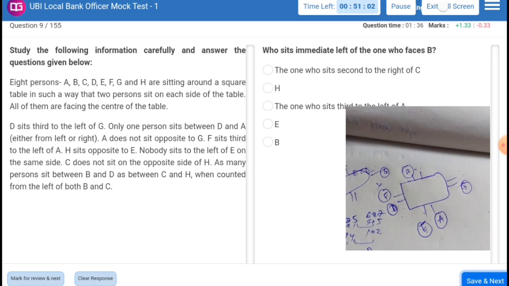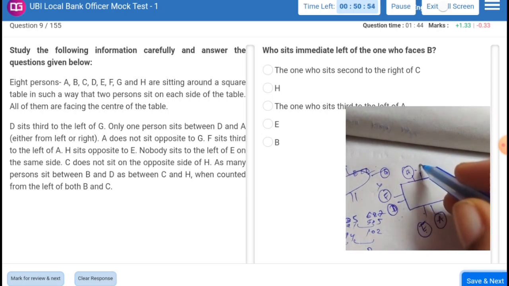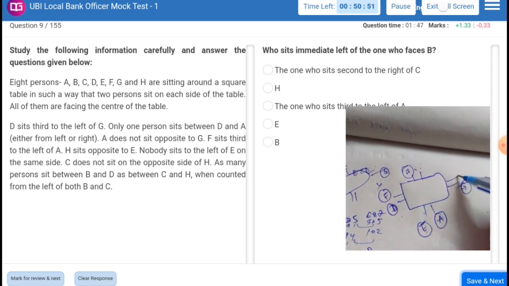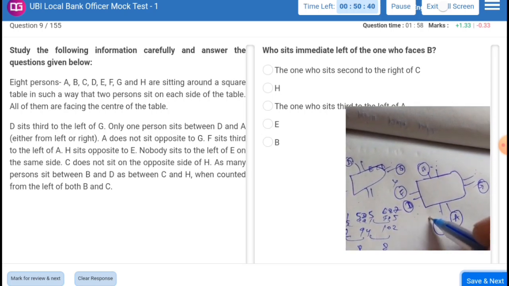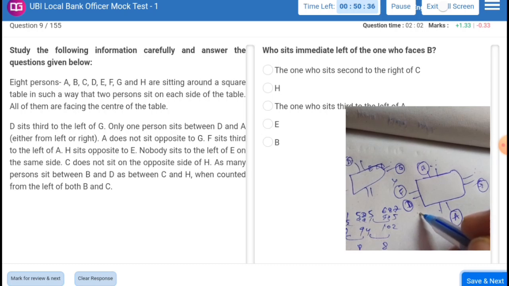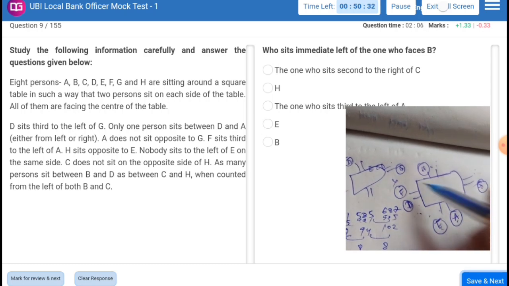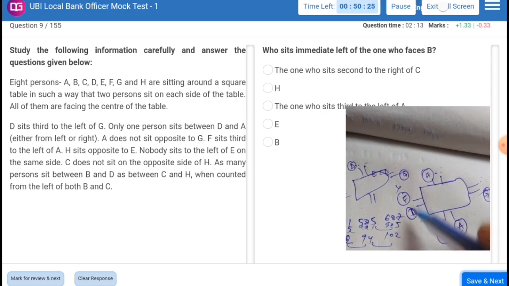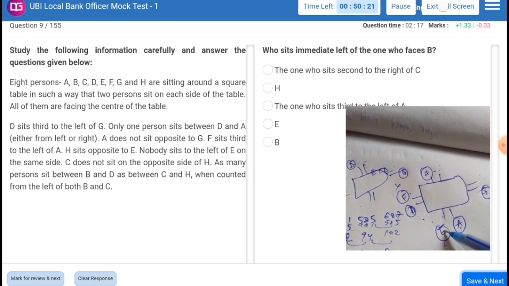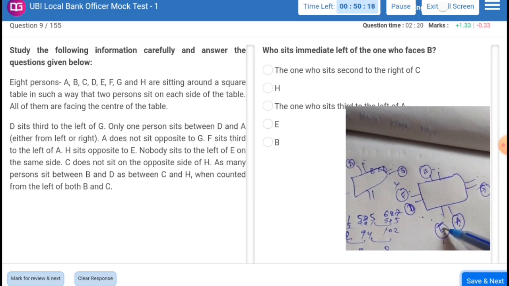C does not sit on the opposite side of H. As many persons between B and D as between C and H. One person between D and A. F is third to the left of A. H is opposite to E. So nobody sits to the left of E on the same side. C does not sit on the opposite side of H.